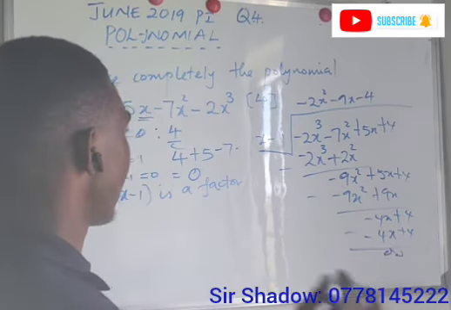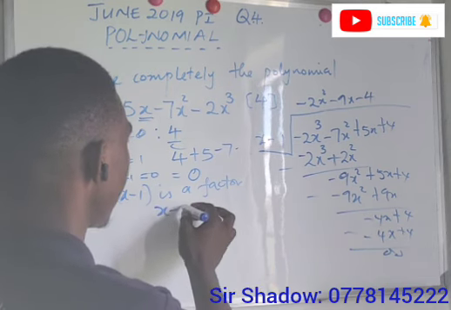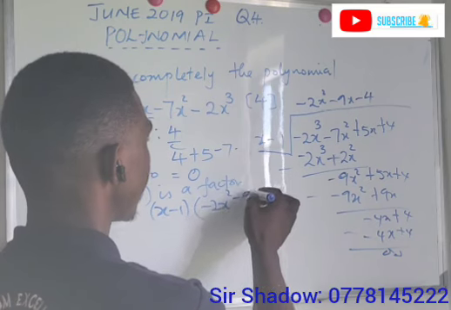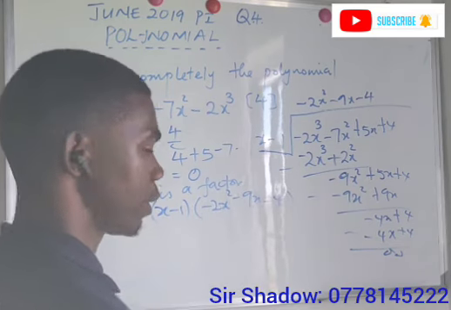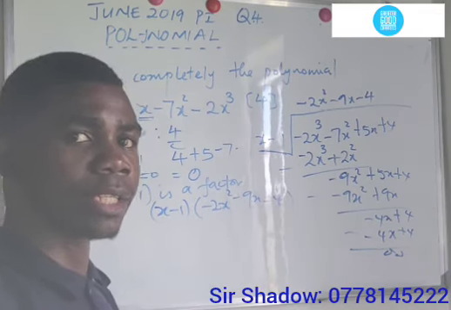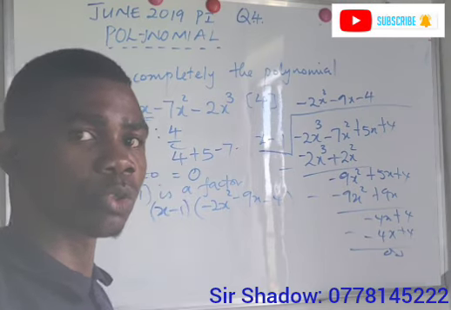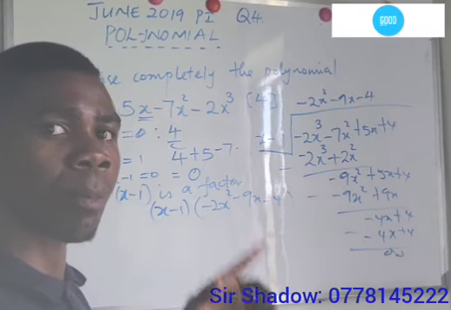So now we have x minus 1 and minus 2x squared minus 9x minus 4. Remember, we want to find the factors of this, since we are asked to factorize the polynomial completely.